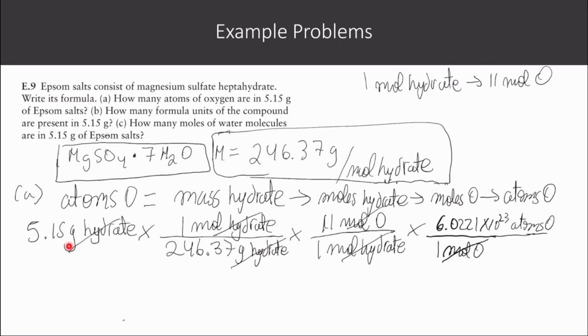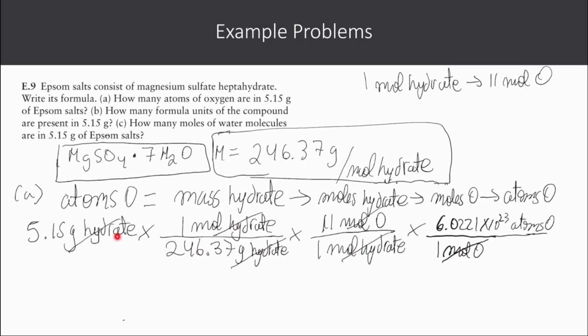And then all that is left to do is multiply 5.15 times 1 times 11 times Avogadro's number, and divide that result by 246.37, and then times 1 times 1, but that is just this number.